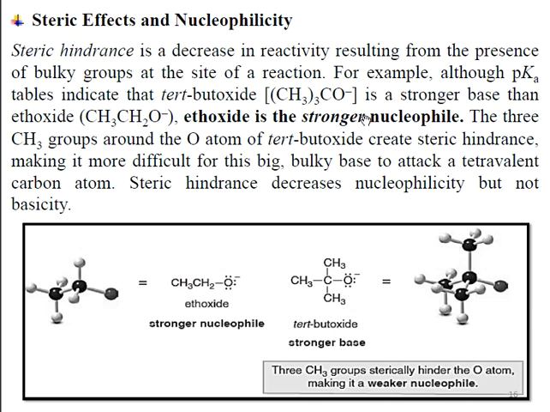We said before that the structure of the nucleophile can affect its nucleophilicity. The three CH3 groups around the oxygen atom of the tertiary butoxide create a steric effect, making it more difficult for this big bulky base to attack.